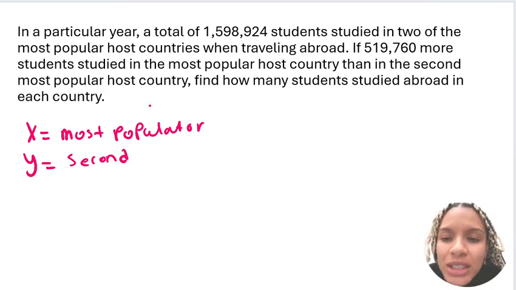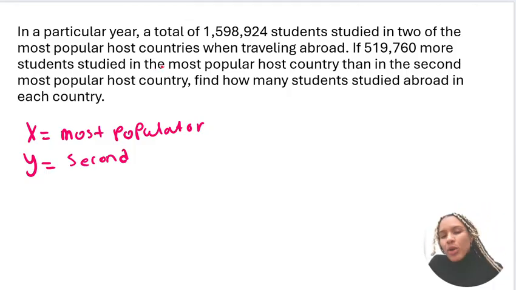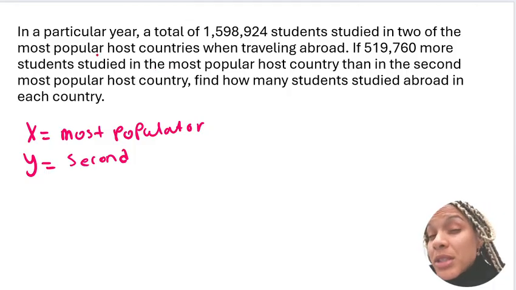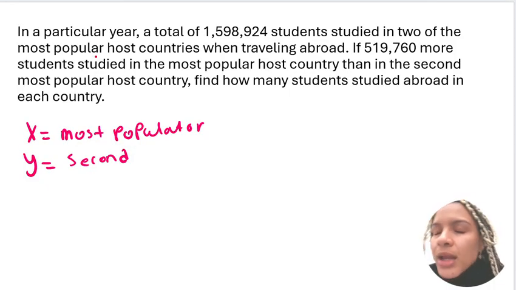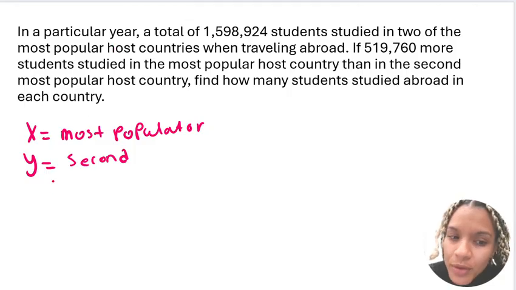Okay. So then when I go back to the first sentence, it gives me a total amount of those that study in two of the most popular host countries when traveling abroad. But it's not telling me specifically how many study in the most popular and then how many study in the second most popular.